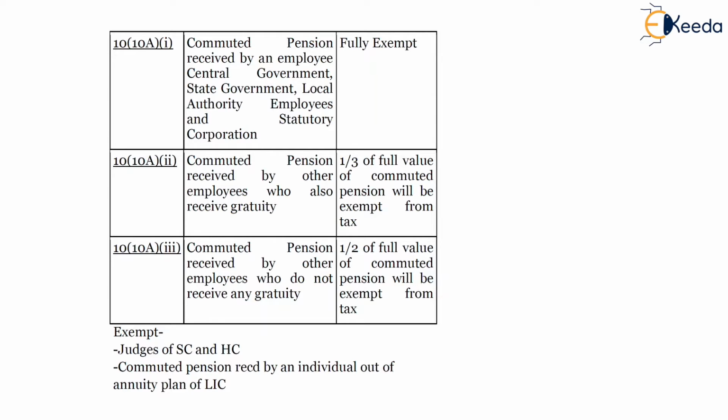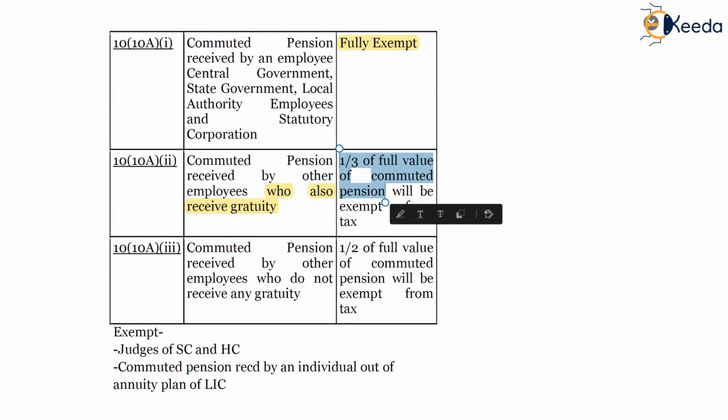So friends, on your screen, subclause 1 of clause 10A, commuted pension received by an employee of the central government, state government, local authority, or statutory corporation is fully exempt, right? Subclause 2, commuted pension received by other employees who also receive gratuity, one third of the full value of the commuted pension.